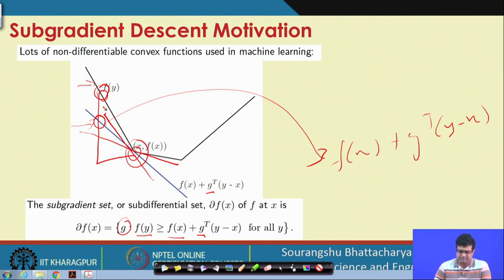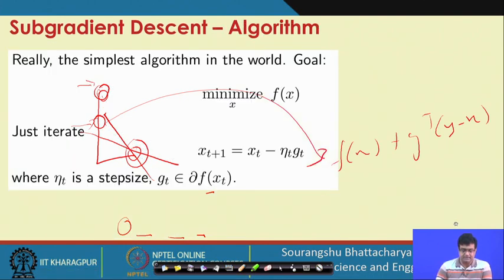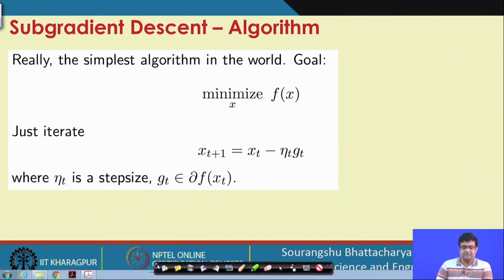Now, why are these subgradients important? They are important because we can have a very simple algorithm called the subgradient descent algorithm. Suppose our goal is to minimize f of x with respect to x, where f is a convex function, but not necessarily differentiable.